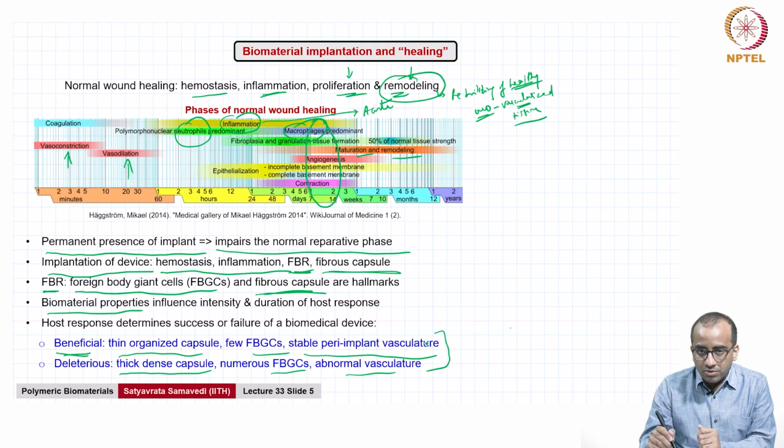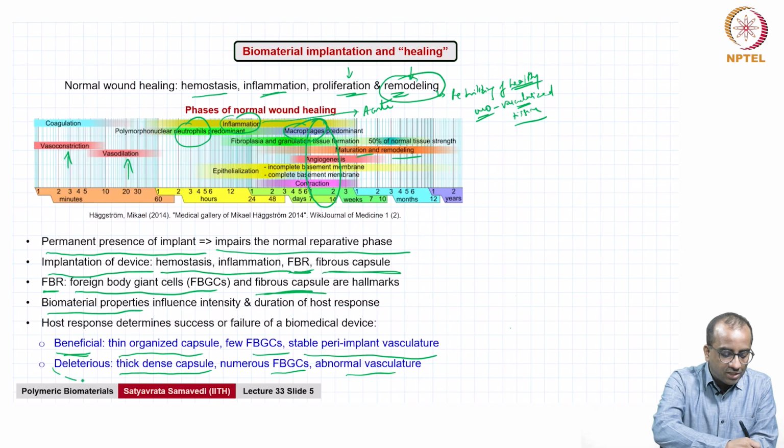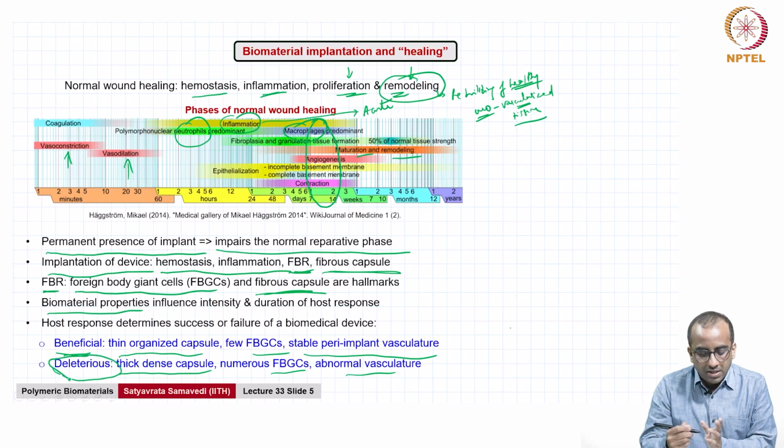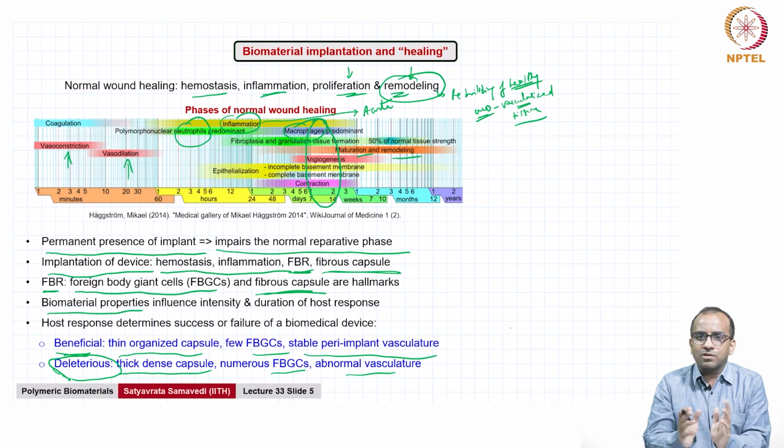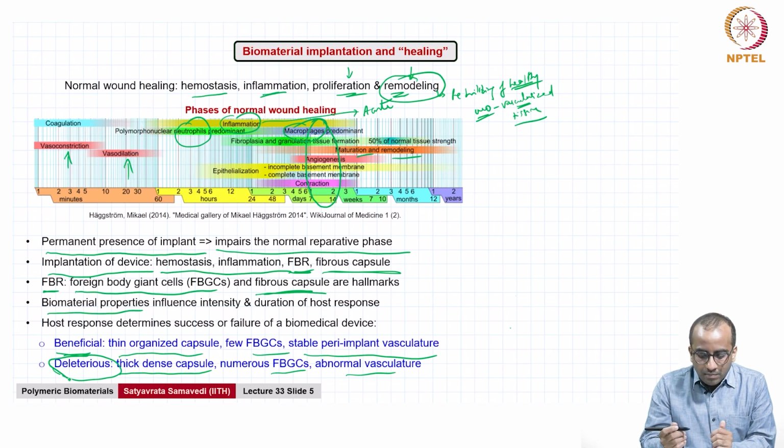But what you want to note here is that even with the foreign body reaction, this kind of a reaction can be extremely detrimental, where you have a thick dense capsule with numerous foreign body giant cells on the surface of the implant, continually trying to get rid of the implant through degradation mechanisms, as well as the formation of abnormal vasculature or complete cut off of the supply of the blood vessel network once it is fully encapsulated. Whereas the positive or the more successful outcomes are shown in the beneficial outcomes.